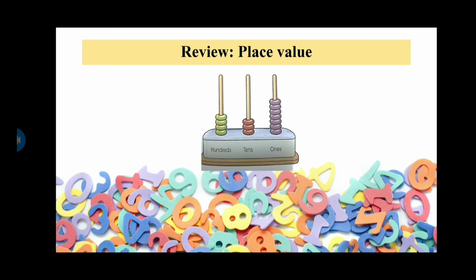We have 4 beads on the hundreds, 3 beads on tens, and we have 7 beads on ones. What number are we looking for? 437. Yes, you're right. We are looking for 437.